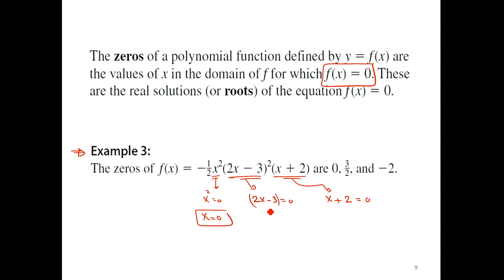Also, if we have brackets to a power equal to 0, then inside the brackets must be equal to 0. So we can take the 2x minus 3 alone, from 2x minus 3 all to the power 2. So after taking the radical, we have 2x minus 3 equals 0. So x equals 3 over 2.